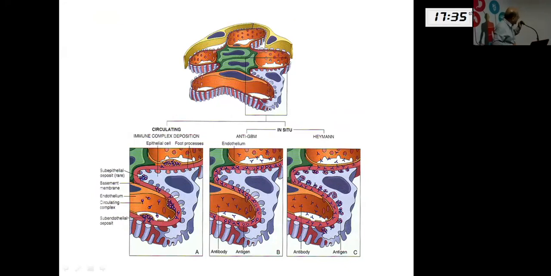And you can see here arrays of antibodies at different levels of engagement, some in the epimembranous region, above the membrane, under the podocyte, like in membranous nephropathy, some in the mesangial area, and some in the subendothelial region.